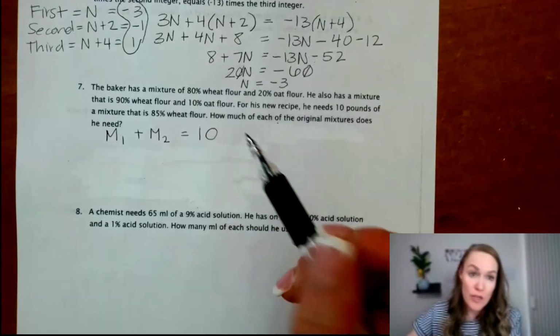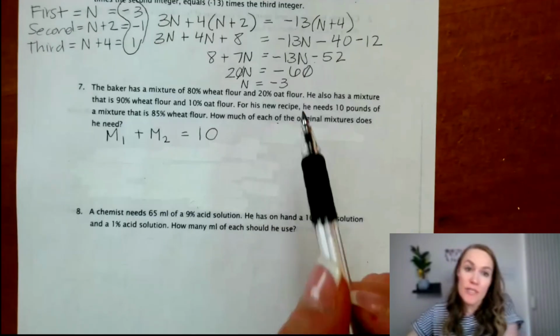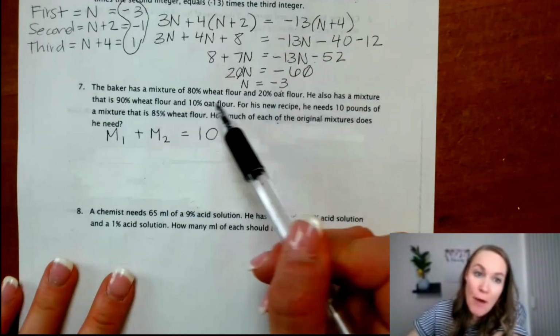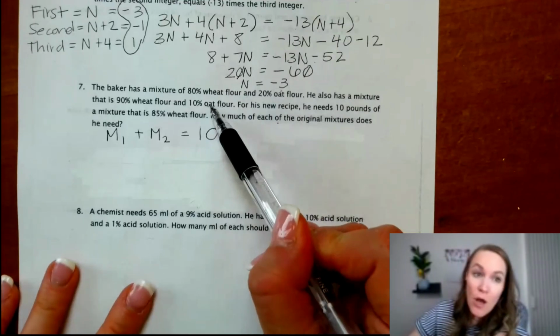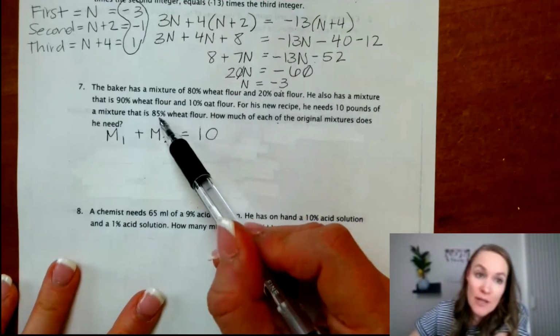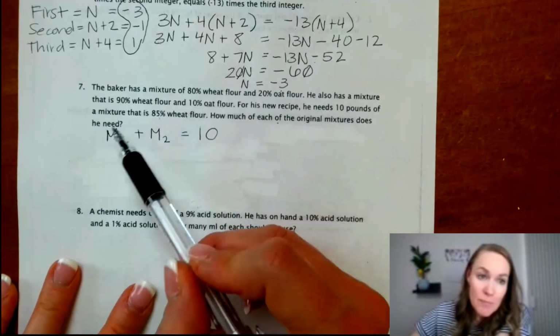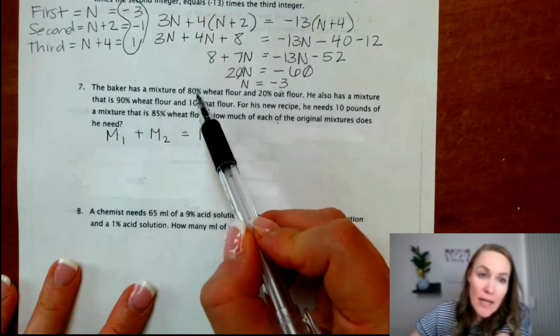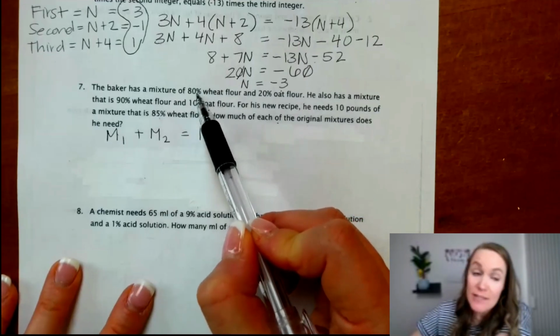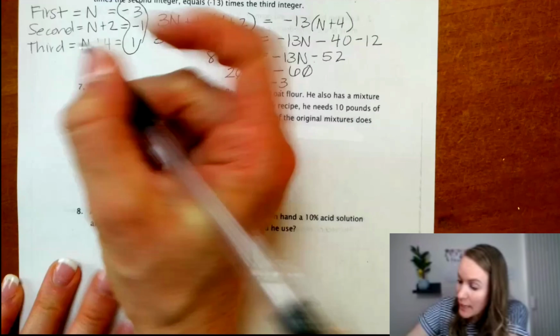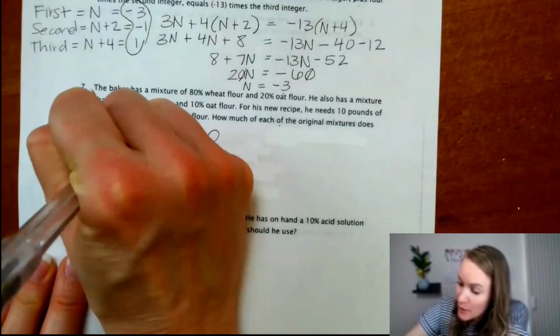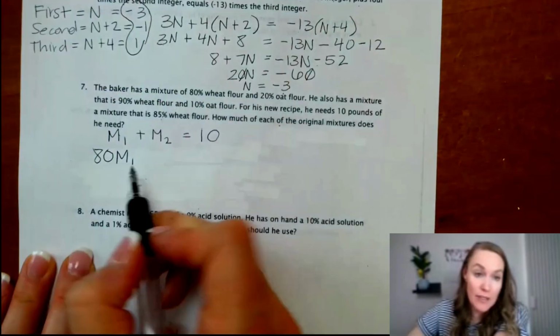Now for our second equation, what's important to note is we don't care about the oat flour. All we care about is the wheat flour. So if I take mixture one, I'm going to add 80% of that wheat flour. So 80%, multiplied by the amount that I'm adding of mixture one.